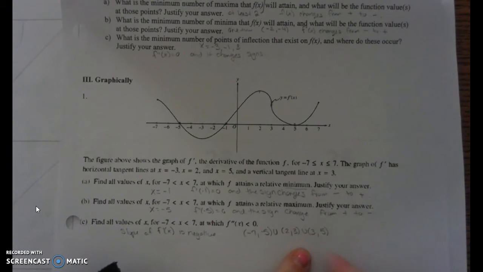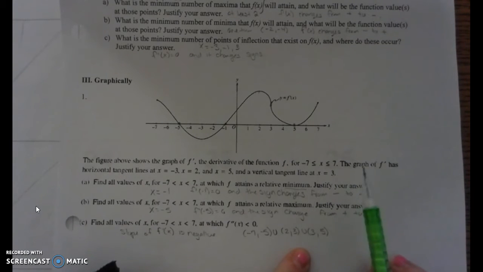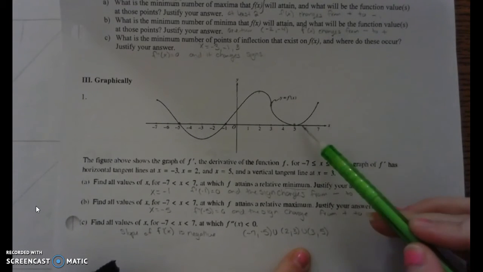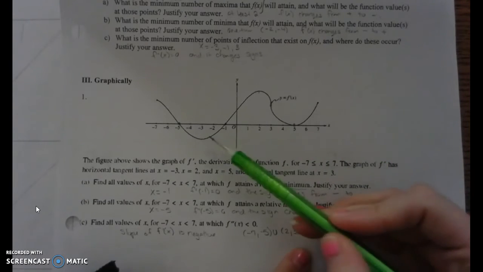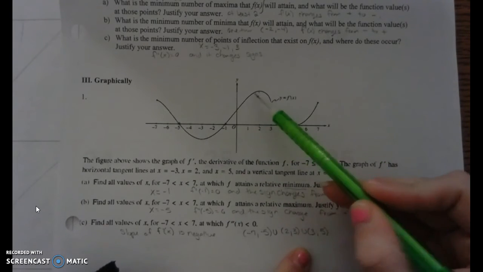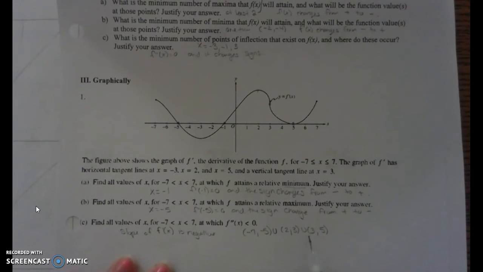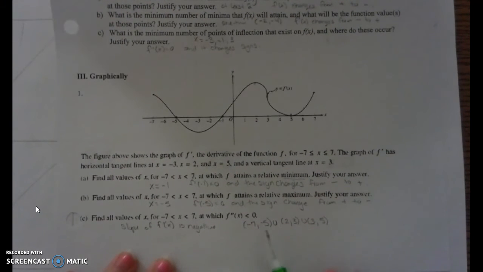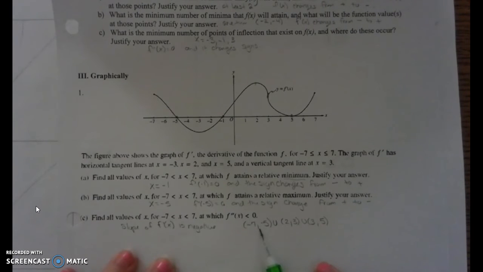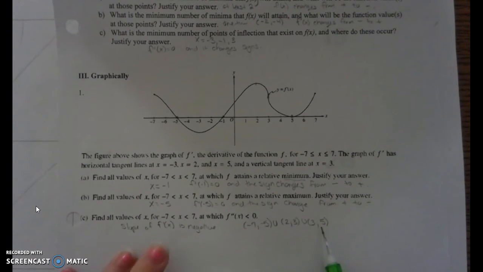Yeah, because that's still where our slope is negative. Okay. This piece here has a positive slope, so it's not counted. This piece has a positive slope, so it's not counted. So we've got 3 here, okay, that would give us concave down because the derivative has a negative slope.